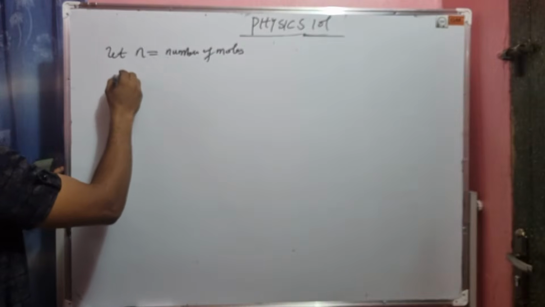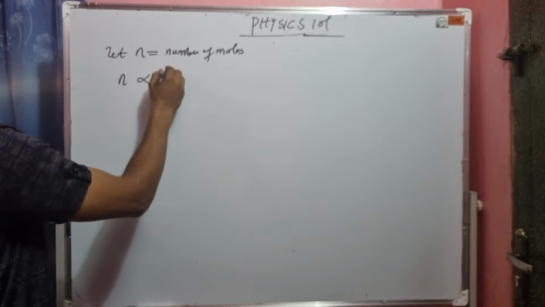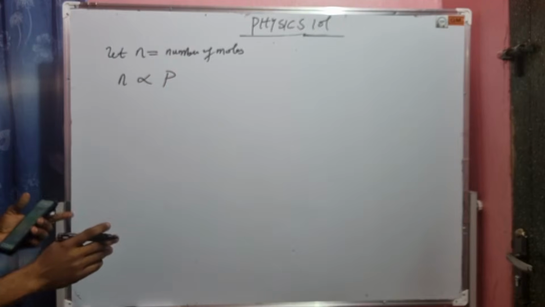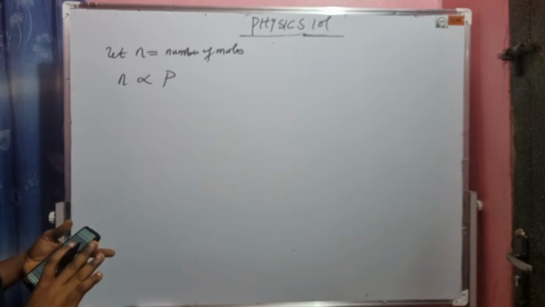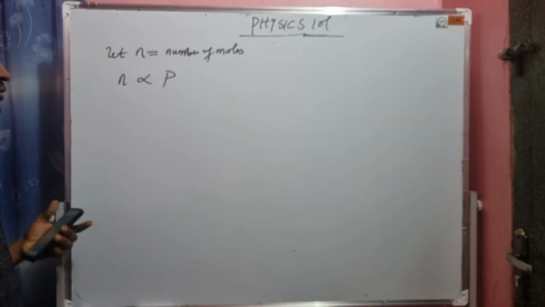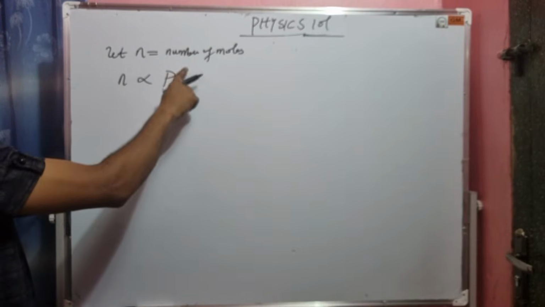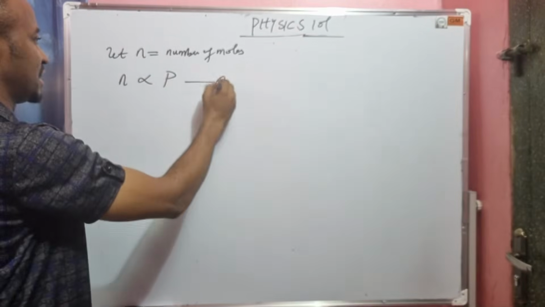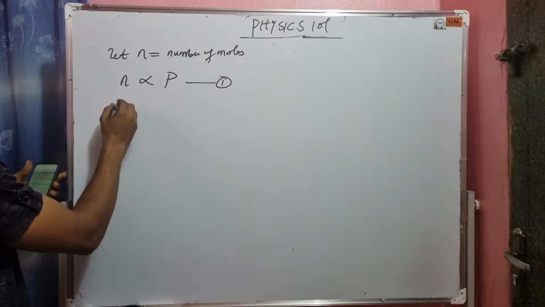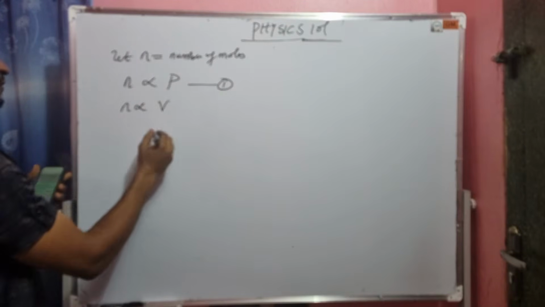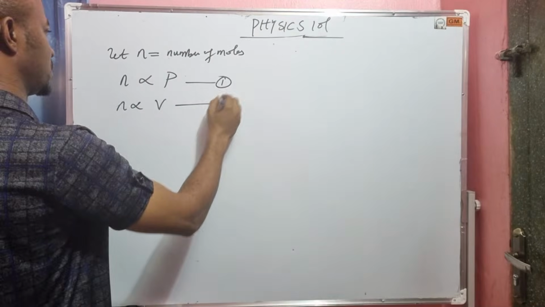The first one is that the number of moles is proportional to pressure. This is a direct relationship. Direct means as one factor is increasing, the other must increase. That means both of them are positive to each other. That is the first statement that was given. And the number of moles is also directly proportional to volume. That is the second equation that was given.